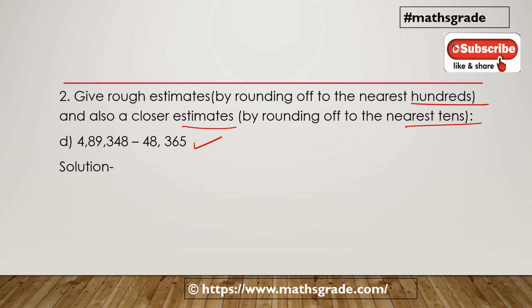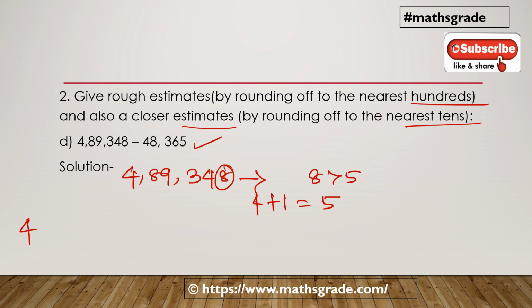Now we'll round off this number to the nearest 10. That is a rough estimate of this number rounding off to the nearest 10. So in 4,89,348, when we round off any number to the nearest 10, just look at the unit place digit. Here the unit place digit is 8. 8 is more than 5. So just add 1 to the tens place digit. That is 4 plus 1 is 5.